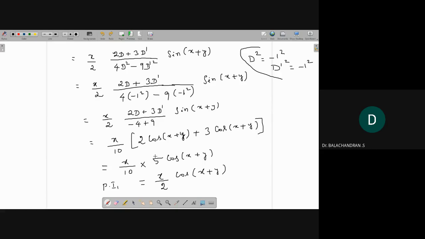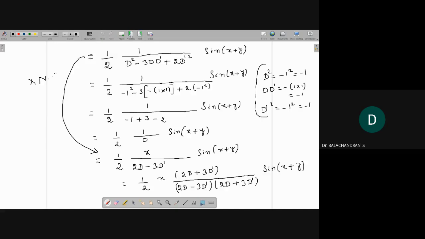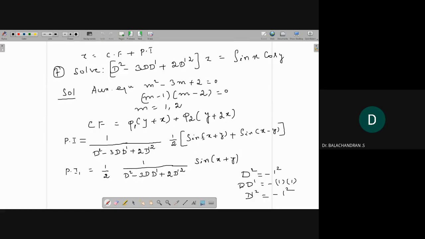Okay, next we need to find PI2. Okay, what is PI1? And we'll check it. This is PI1. So PI2 is what? 1 by 2 into 1 by d square minus 3d dash plus 2d dash square into sine of x minus 1.